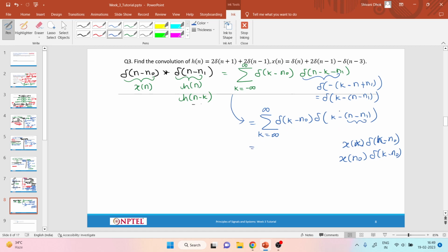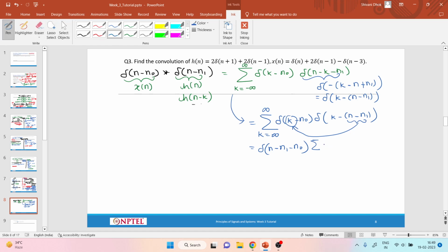So if I do that, this k will be replaced by this factor, and since it now will be independent, I'll have something like this, delta of n minus n1 minus n naught, and the summation, this impulse thing will remain as it is, and any impulse summation from minus infinity to infinity will lead to a value of 1.